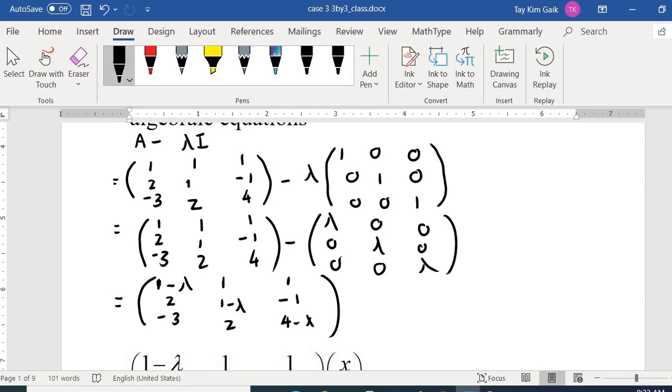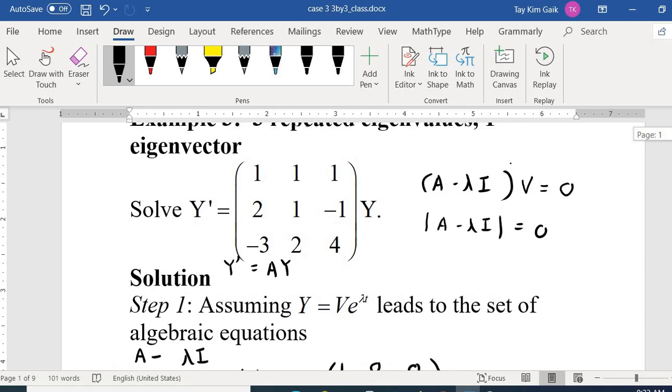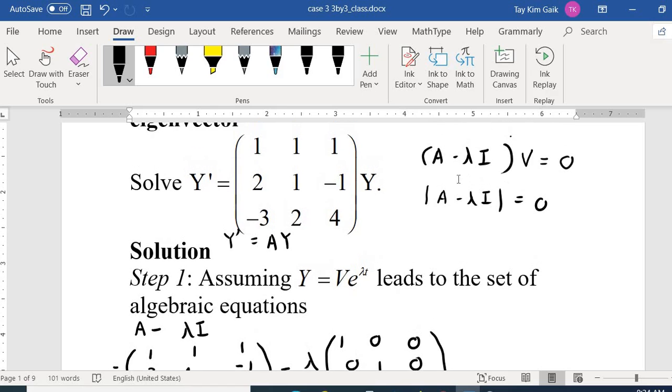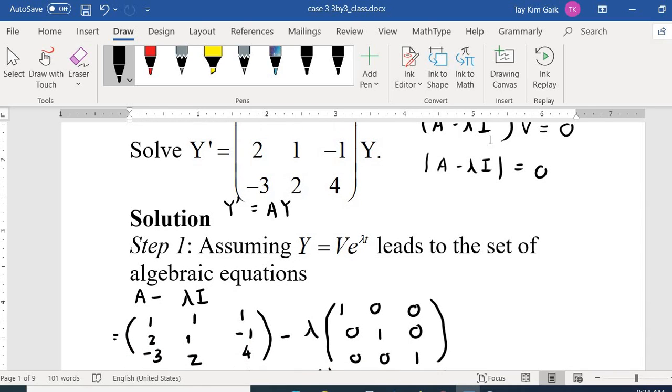So to solve the homogeneous system, we let the solution be y equal to eigenvector v exponent lambda t. We arrive at the homogeneous system A minus lambda I times v equal to 0. To find the eigenvector, we need to get the eigenvalue first.